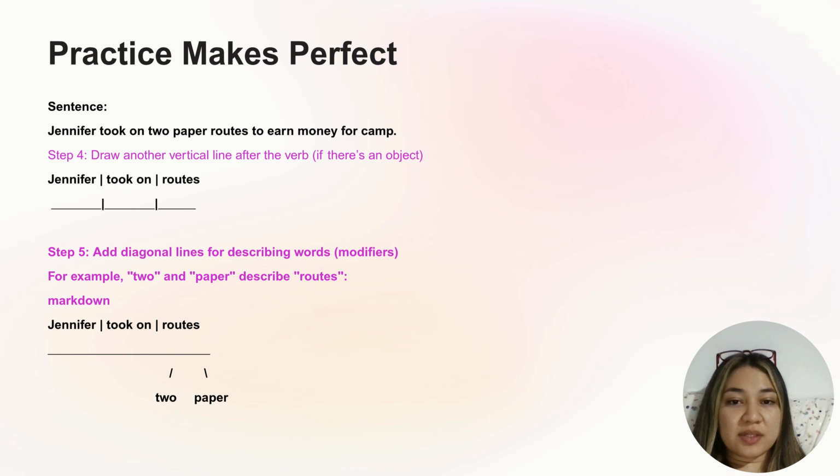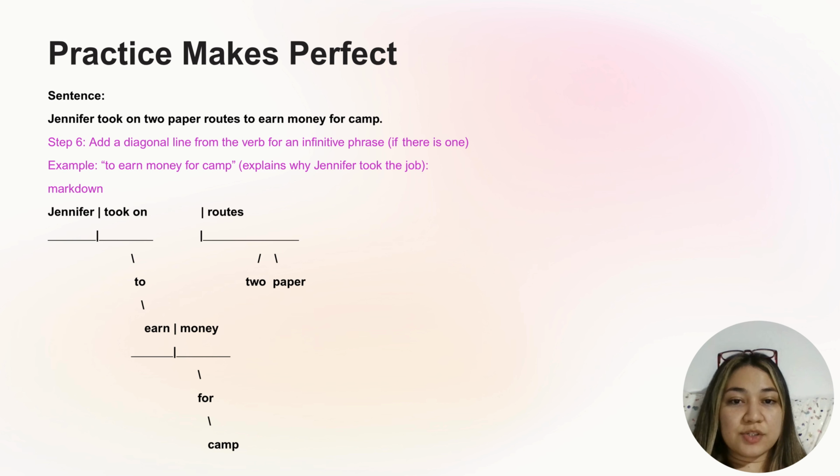Then to continue, in step six, to complete the sentence, it says: Jennifer took a job delivering paper to earn money for camp.